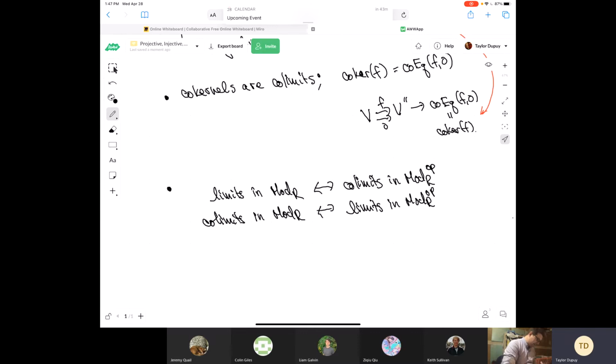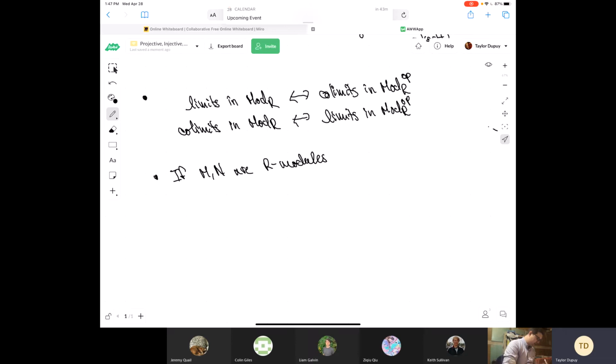And then the last thing you need is that if M and N are R modules, then the Homs are opposite. Maps from M to N are the same thing as maps in the opposite category, so we have this op, then we do N op, M op.